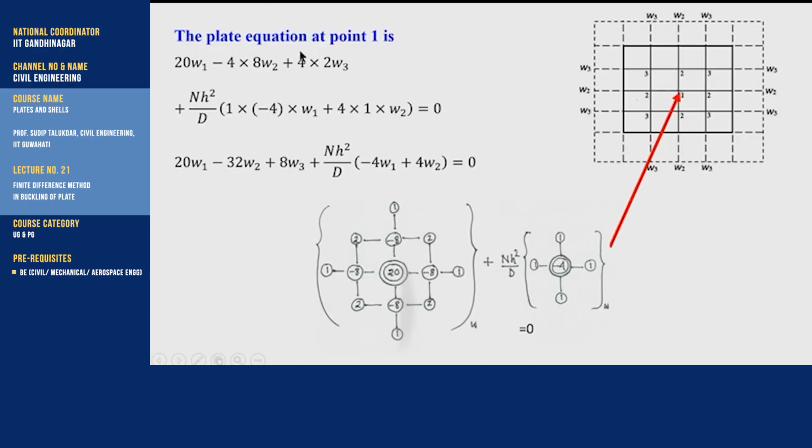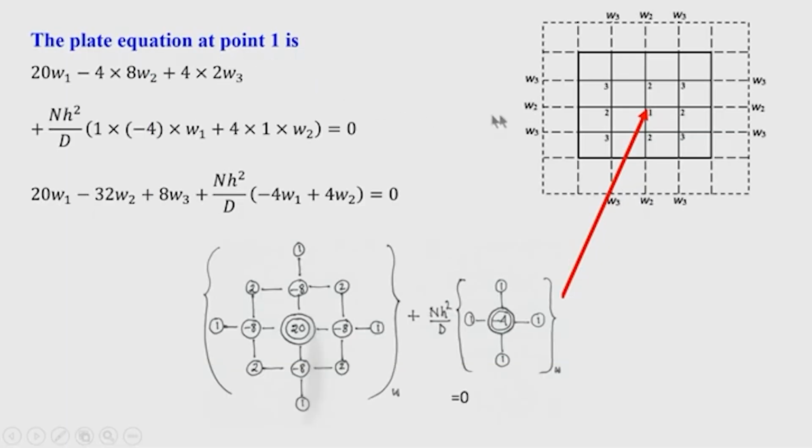So, applying the plate equation, that is the buckling equation, at point 1, we get, if I place this stencil here, 20 is there and here minus 8. So, minus 8 W2, and there again minus 8 is here, here minus 8 is there, here minus 8 is there. So, 4 into minus 8 W2, then the other nodes, W3, W3, W3, W3.